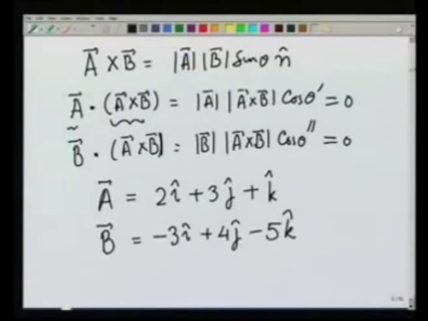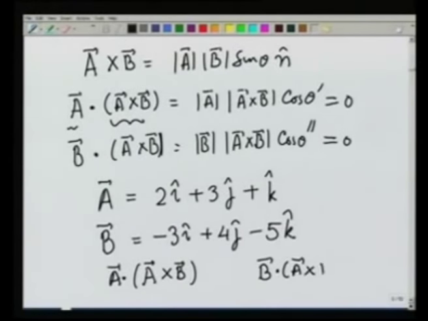We want to take the cross product or vector product and show that the resulting vector is really perpendicular to both A and B. So, what we will do is we will calculate A cross B and then take dot product with A and take dot product with B.